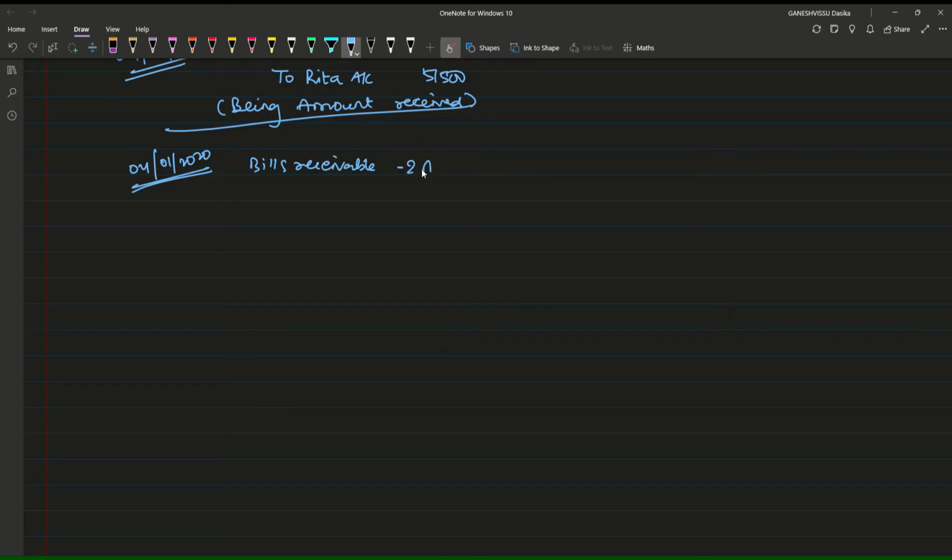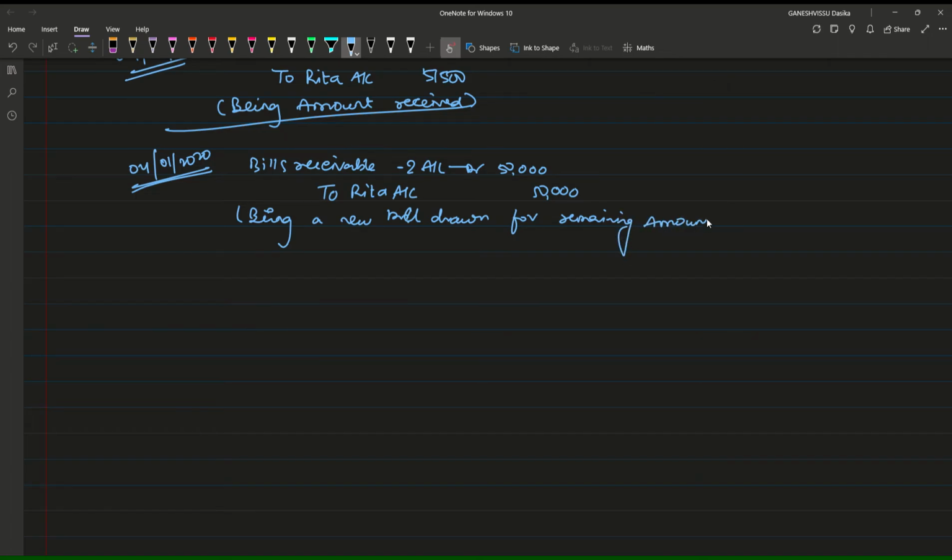Bills receivable account debtor to Rita account for 50,000 rupees. Being new bill drawn for remaining amount.